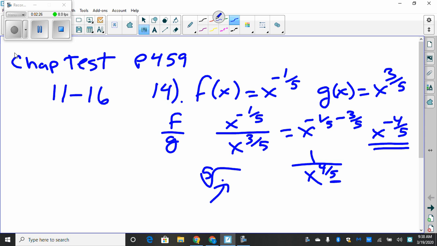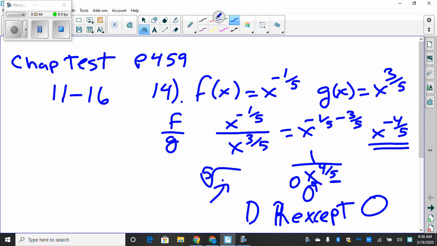However, where is that x? It's in the denominator. If you put 0 in there, it's not going to work out, because 0 to the 4/5 is 0, and 1 over 0 is undefined. So the domain here is all real numbers except 0.